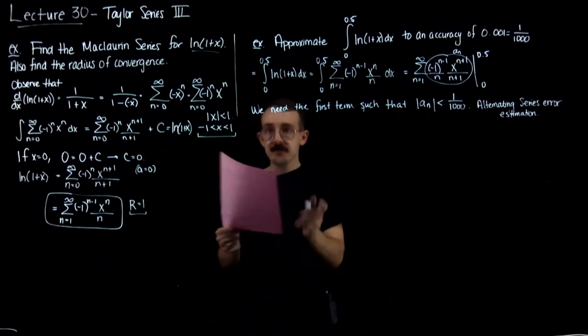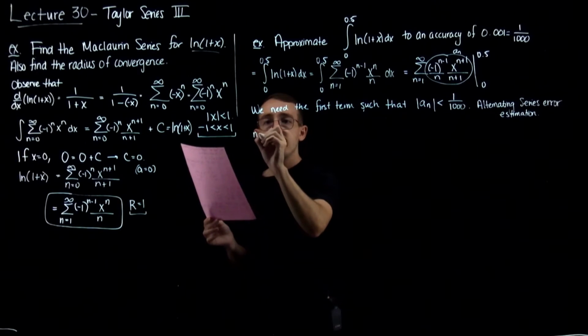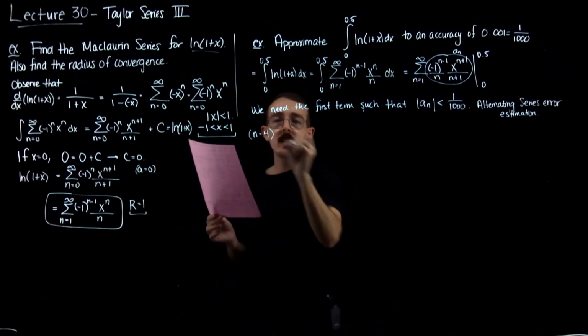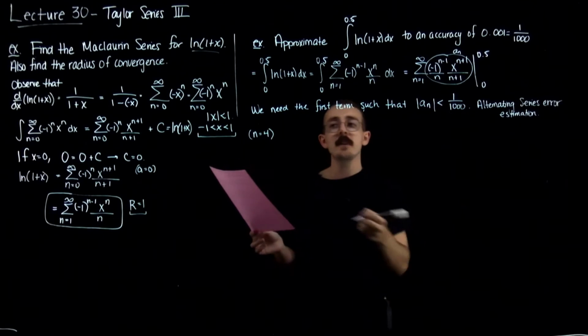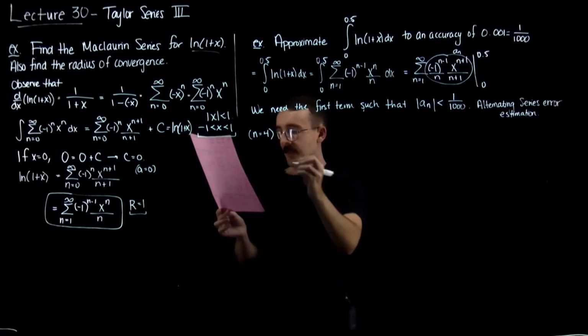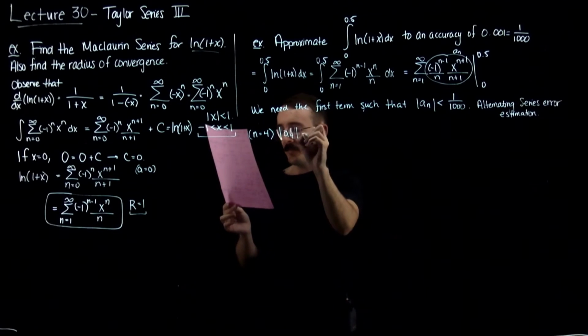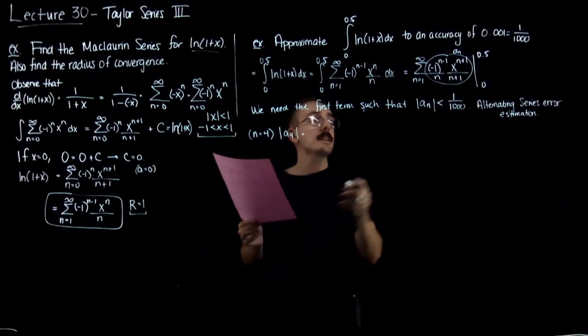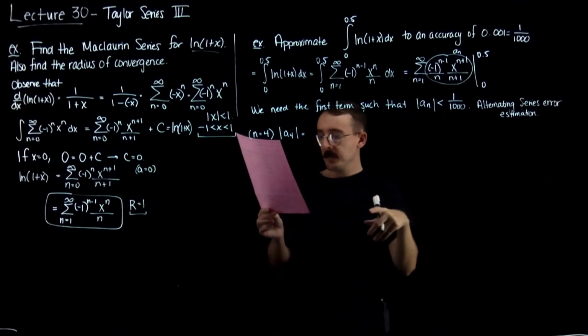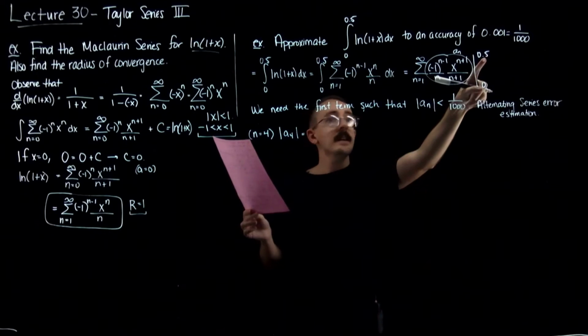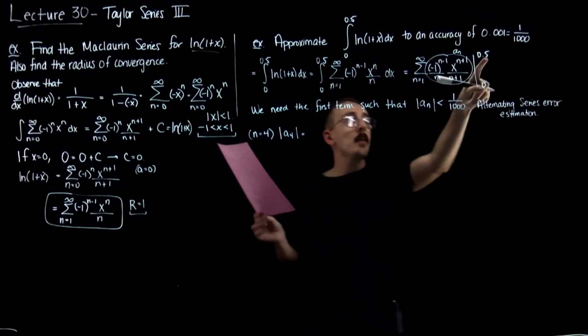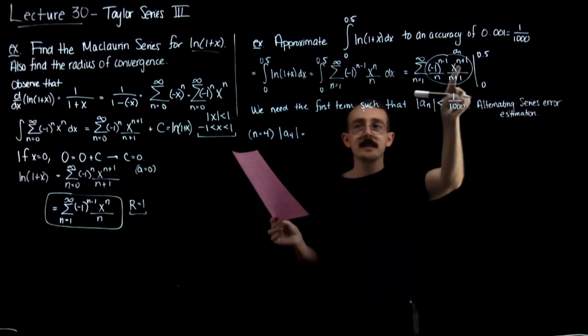It turns out that if I look at n equals 4, I'm just going to do a couple of them to show you what happens. If n equals 4, then I would look at the absolute value of the fourth term. What is that equal to? I would plug in my 0.5 for x.